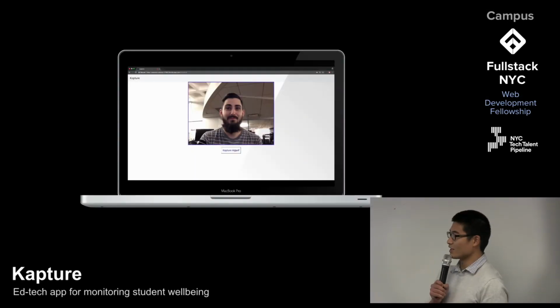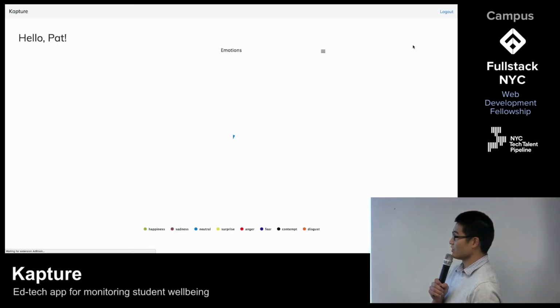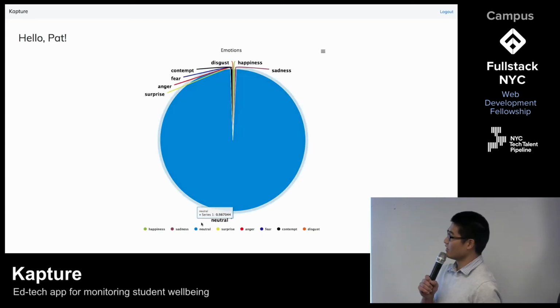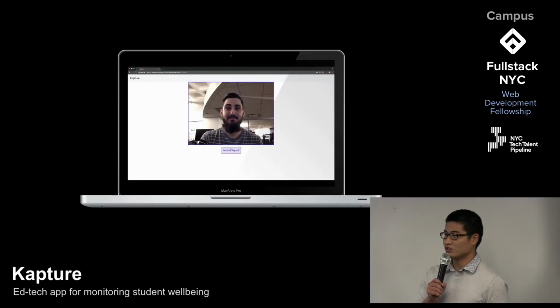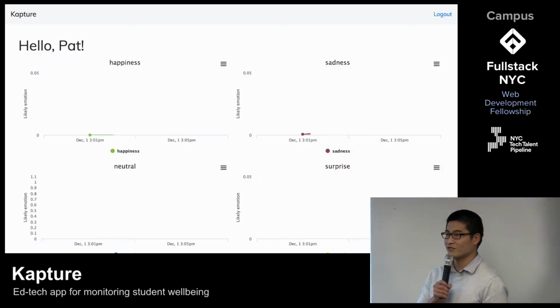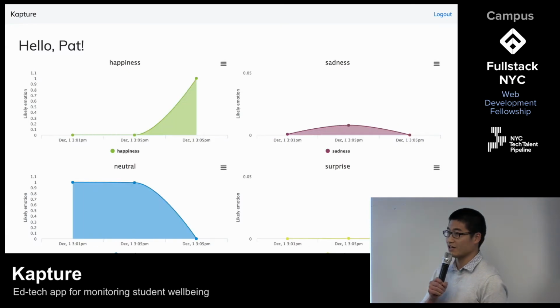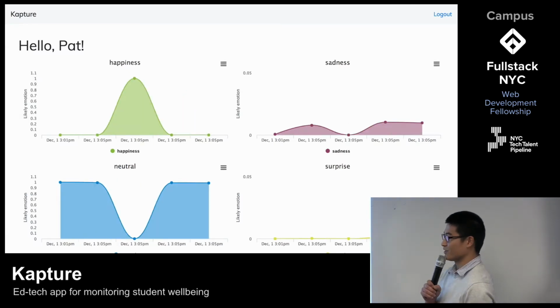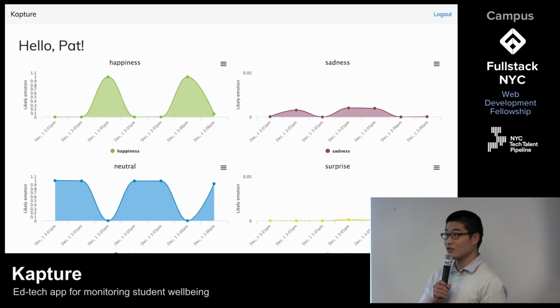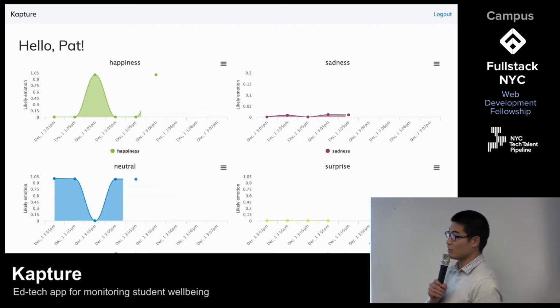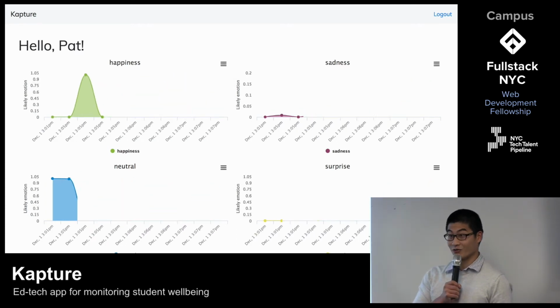All Pat needs to do to log in in the future is to take a picture, and voila, he's taken to his dashboard. Next, we send his photo to Microsoft Azure's Emotion API for analysis. It calculates the likelihood of any of the 8 universally recognized human emotions, such as happiness, sadness, or fear.